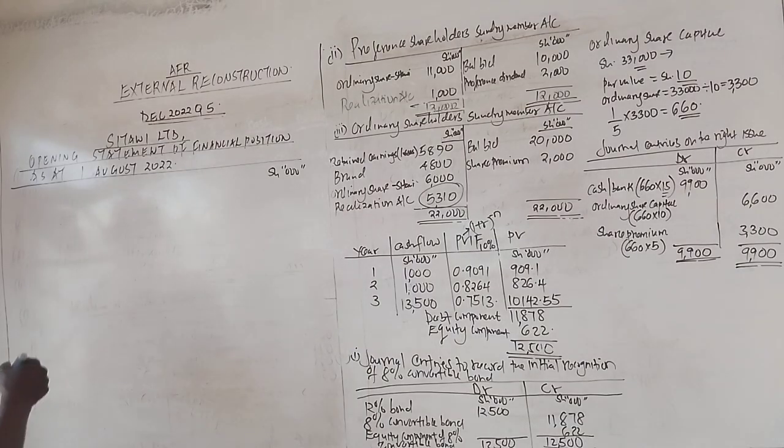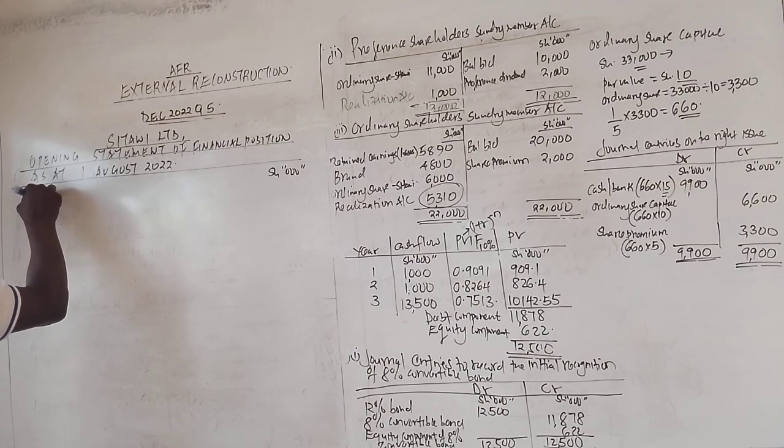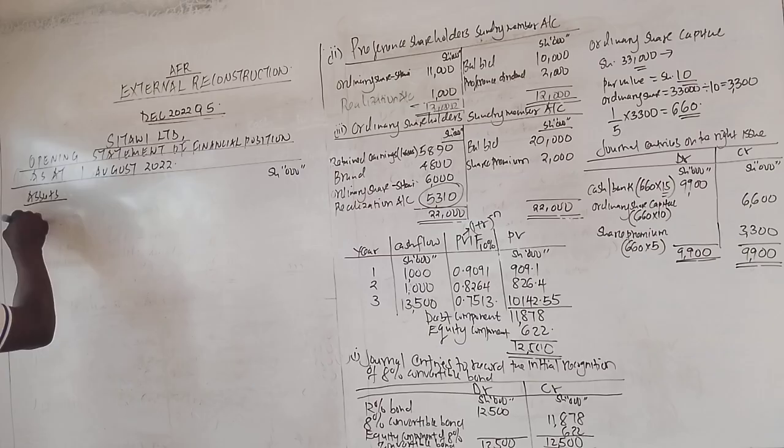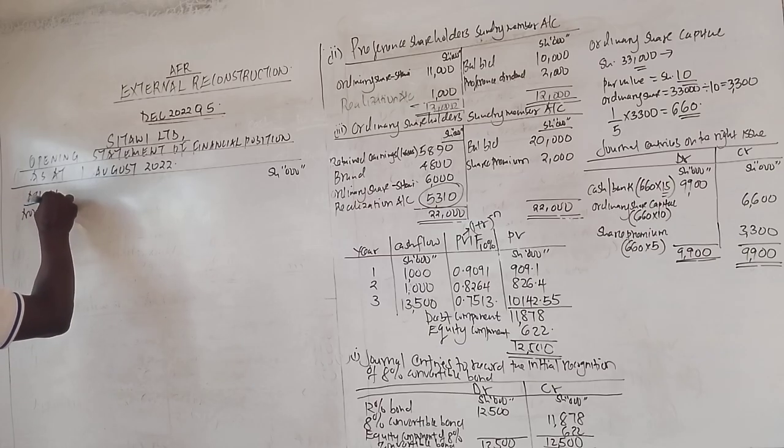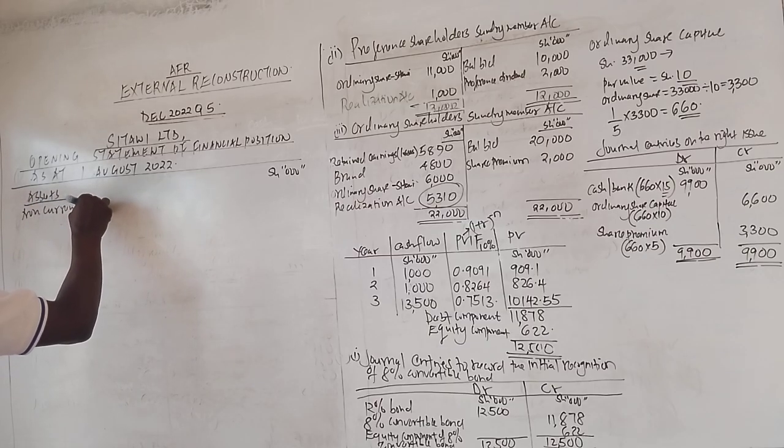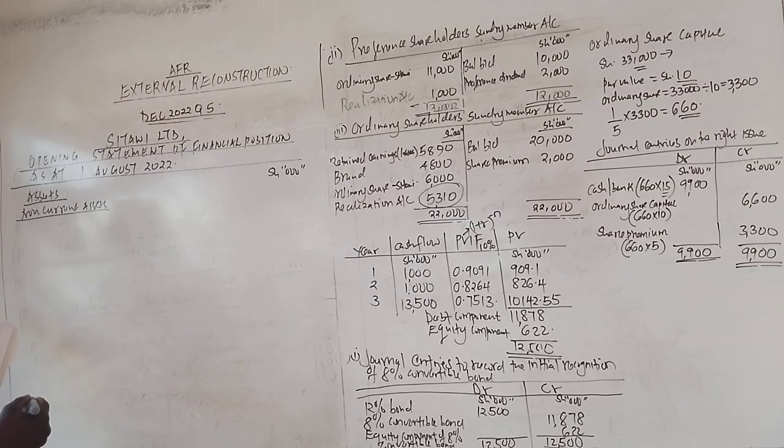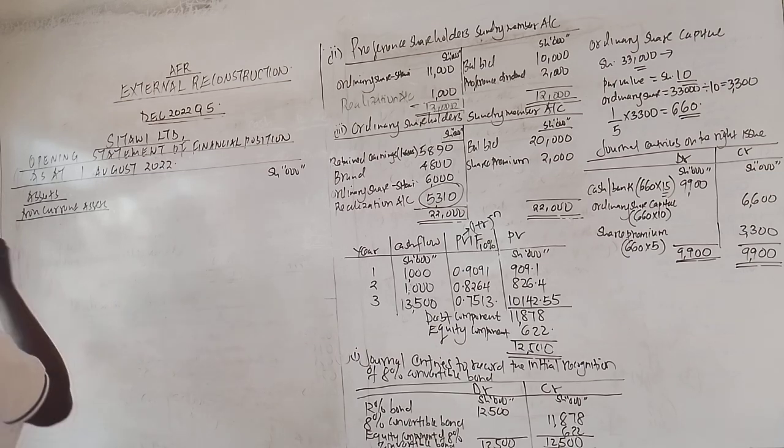So we are going to start with assets. For the case of assets, we have non-current assets. Remember, we go to note number 8. Tangible assets were taken over by Stawi Limited at their fair values. In this case, we report at the fair value.